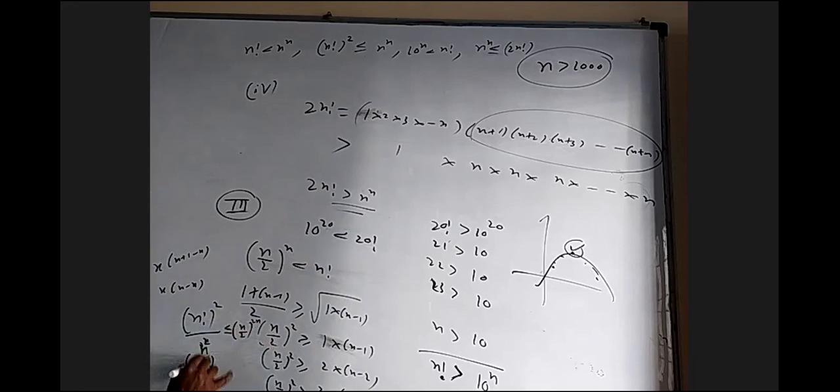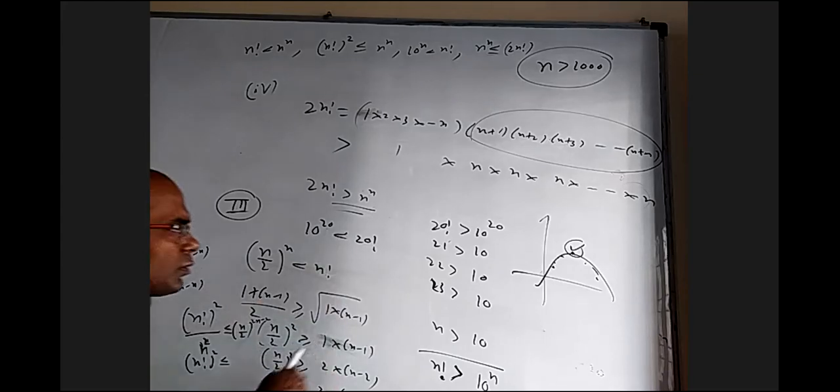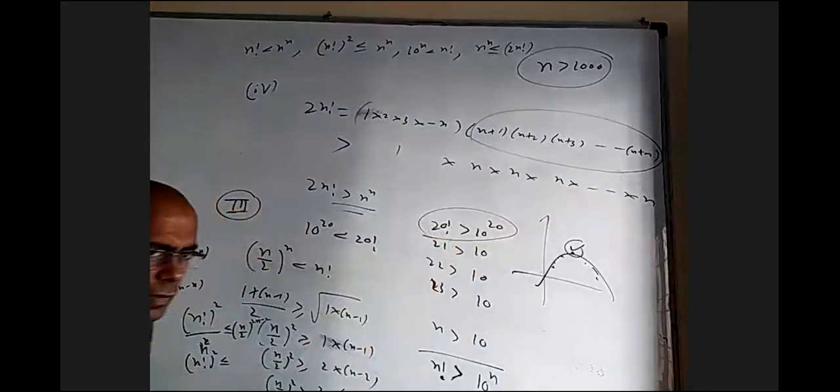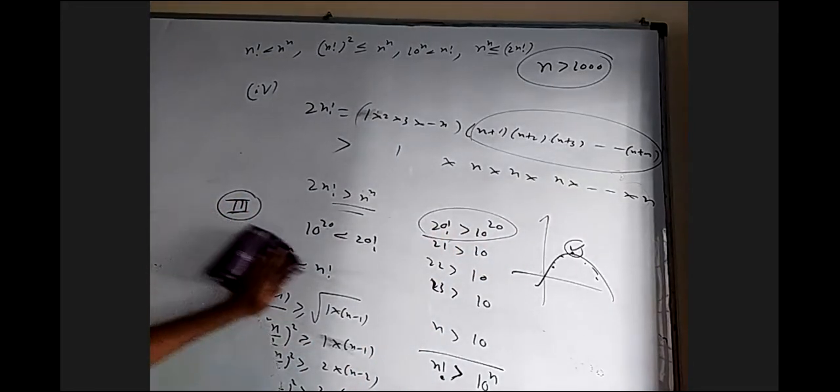Which is n factorial whole square is less than or equal to, I can take this n inside. This is not n power 2n, it is 2 power minus 2n. Okay, we'll check up on this part, how to prove it, or I can send something. Or it is already there, just not written clearly.